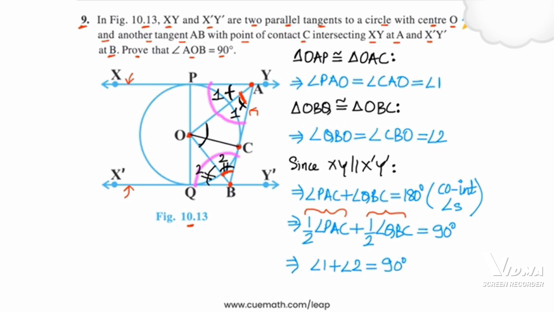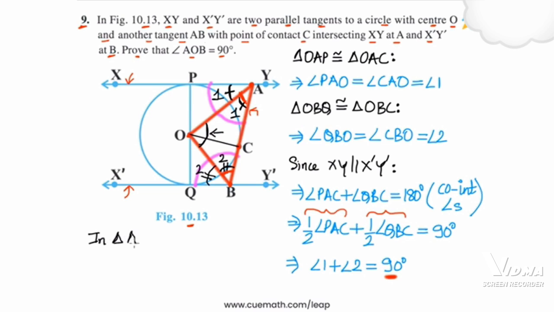Now I want you to think about the triangle OAB. I'm going to highlight this triangle for you, triangle OAB. Okay, in this triangle, two of the angles are angle 1 and angle 2, and we have just shown that their sum is 90 degrees. And from here it follows that the third angle, which is the angle whose measure we want to find, angle AOB, will also be 90 degrees. So let's write this.